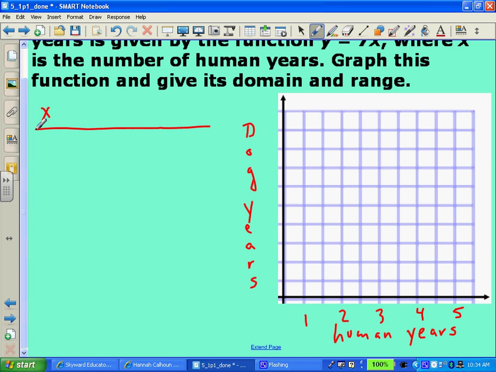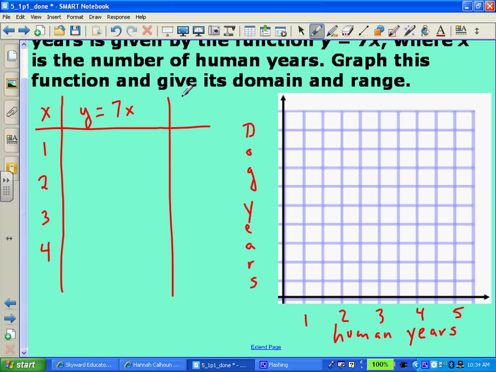And over here, well, let's make our table first. And I told you before, you just have to choose 4 values. You could really choose any 4 values, except for ones that don't make sense.